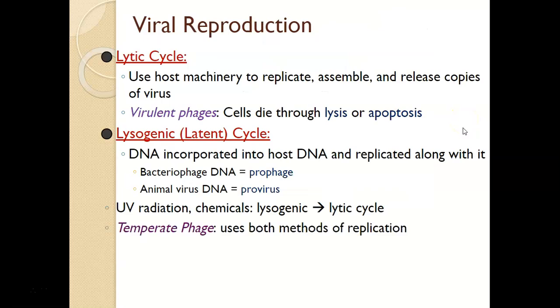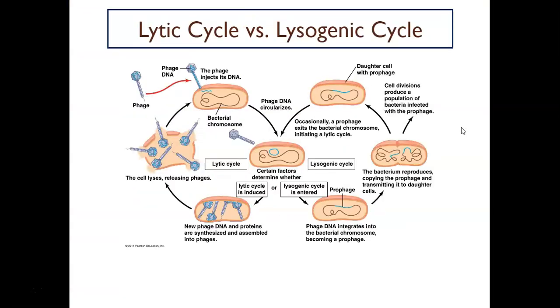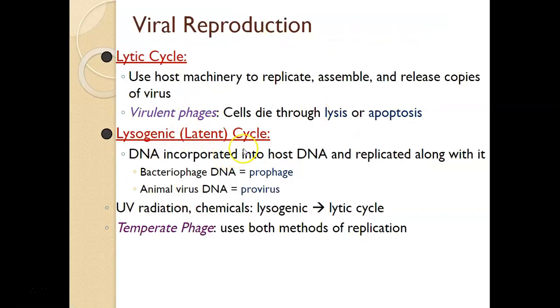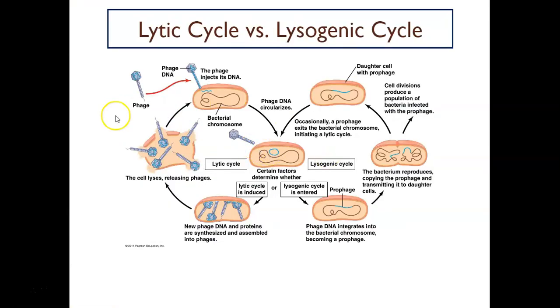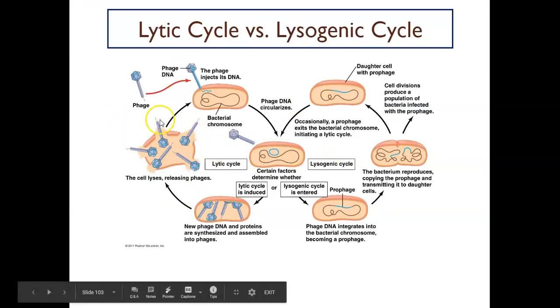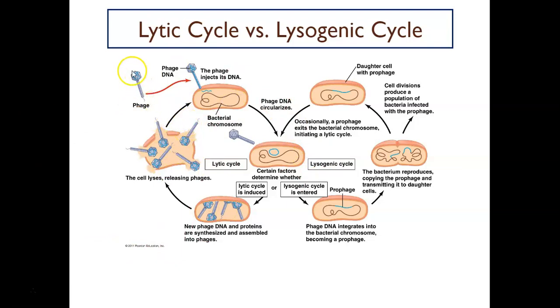They have two ways to reproduce. There is the lytic cycle. You can pause here if you want to go into super detail, but on the left, there's the lytic cycle. This is basically the infectious cycle that is occurring. So a virus infects the cell, injects in its DNA or RNA, and then it circulates.